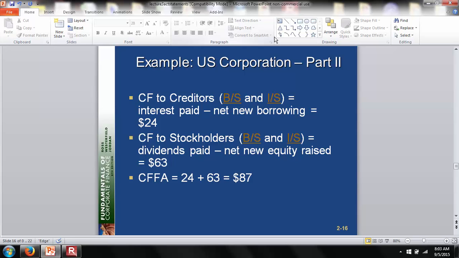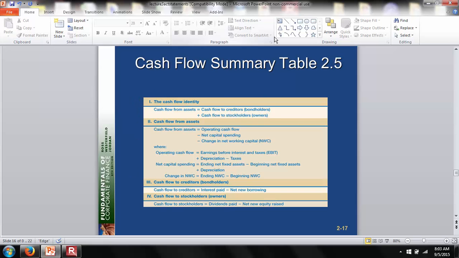So the cash flow to creditors is the interest paid minus the net new borrowing, and the cash flow to stockholders is the dividends paid minus the net new equity issued. So all that we are trying to do now is check to see whether the cash flow identity is holding. So cash flow from assets is equal to cash flow to the creditors plus the cash flow to the stockholders.